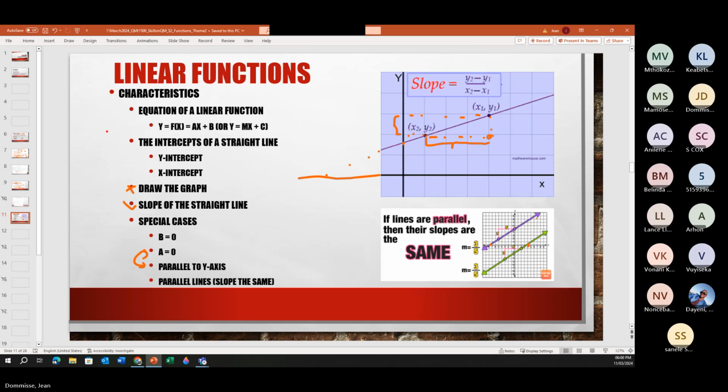And then if two lines are parallel, we know that the slope is the same. There are a few things that you will need to remember. The most important one is probably that when we talk about parallel lines, we always know that the slope will be the same. So they might give you the slope of one line and tell you it's parallel, then you actually know what the slope is for the second line. Hopefully I have some examples of that in here as well.